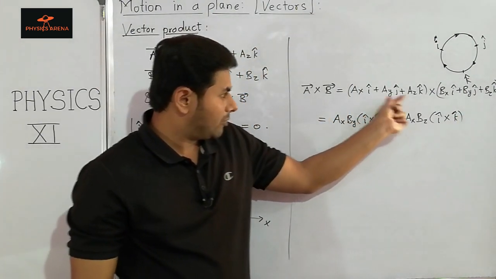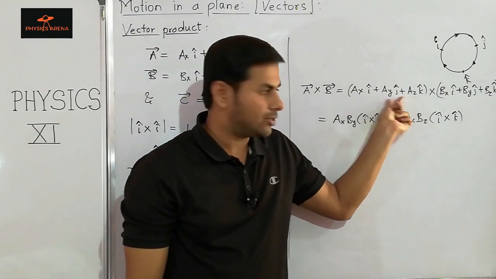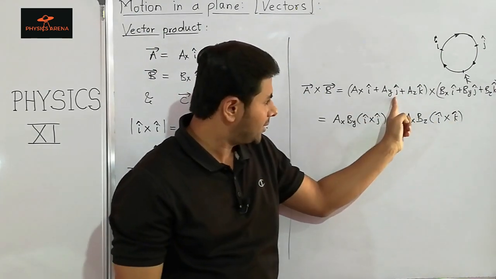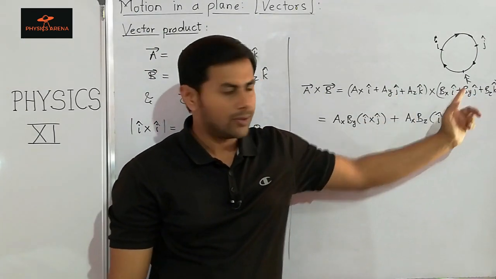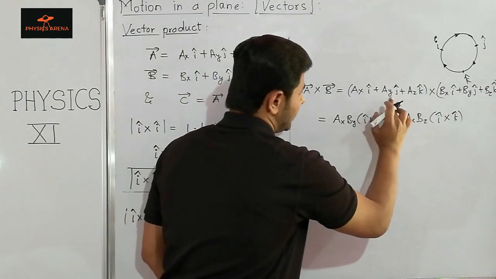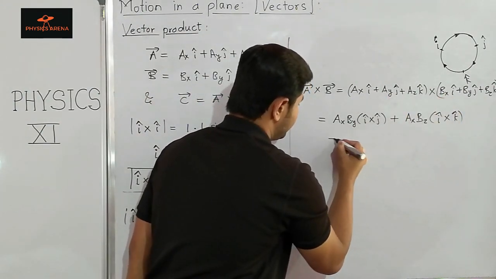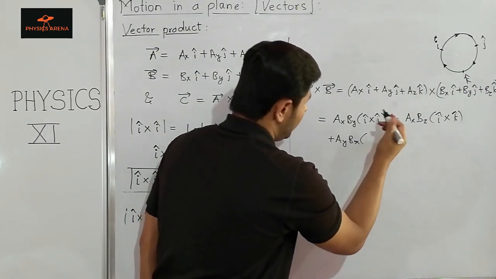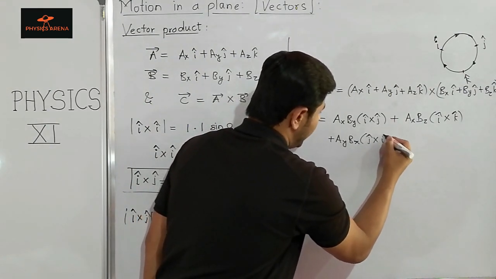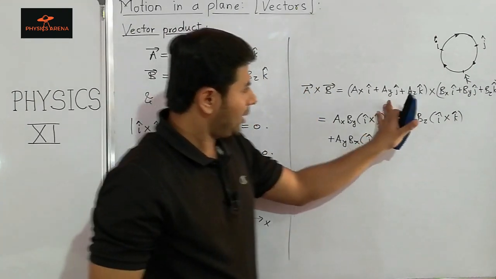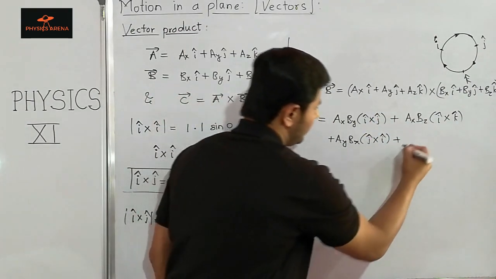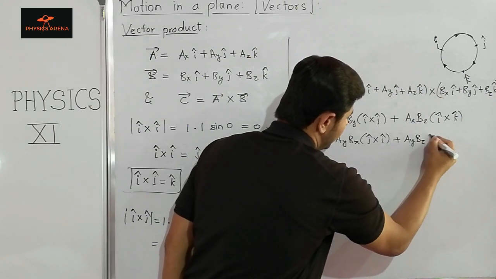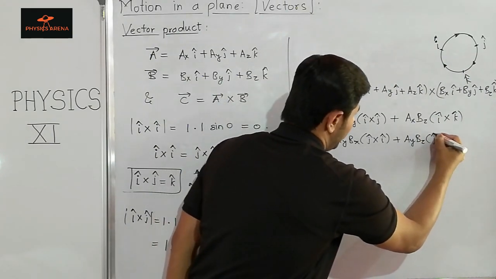Then when we multiply ay into j cap, j cross j will be 0, so what remains is plus ay bx j cross i plus ay bz times j cross k.